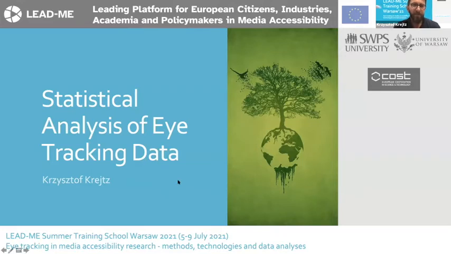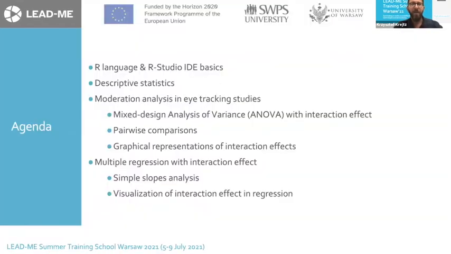Talking about the analysis of the eye tracking data, we may think of it as at least a two-stage process. The first stage is to obtain the relevant metrics from the eye tracking raw data. And this stage I'm not going to talk about.